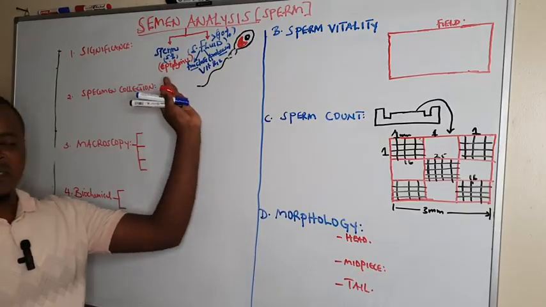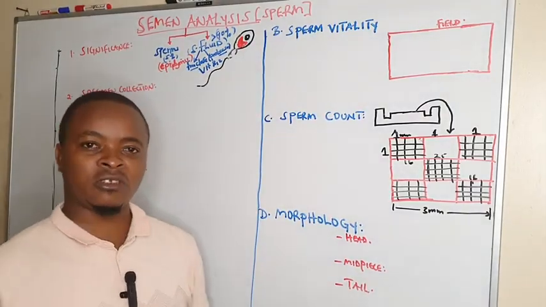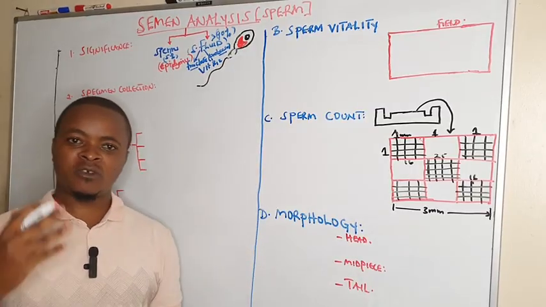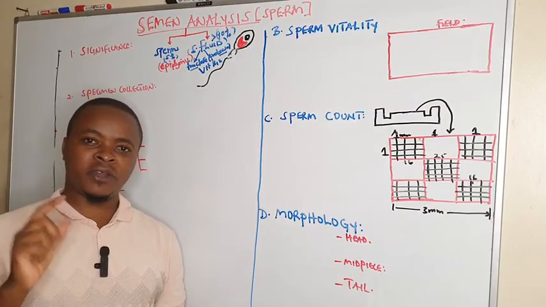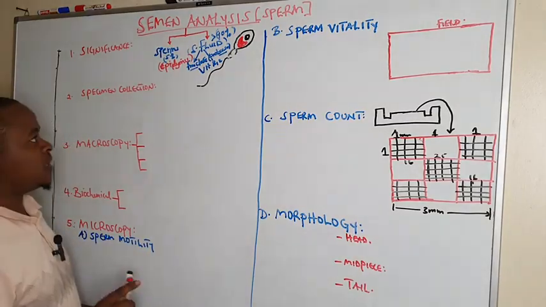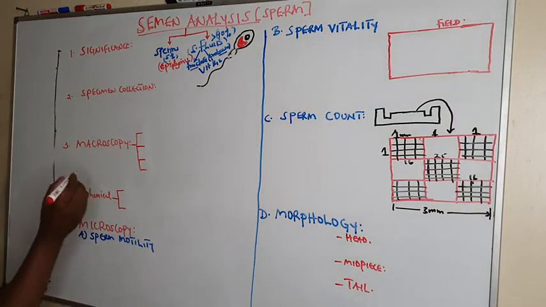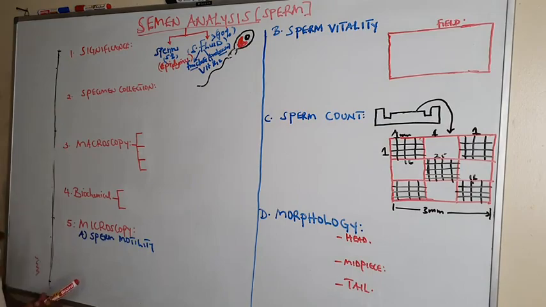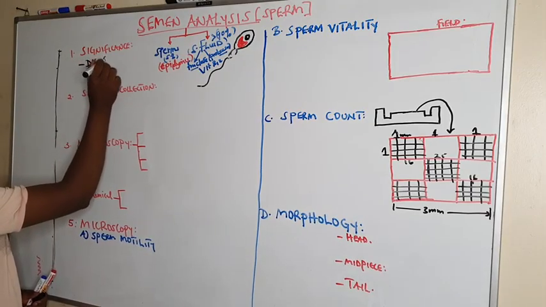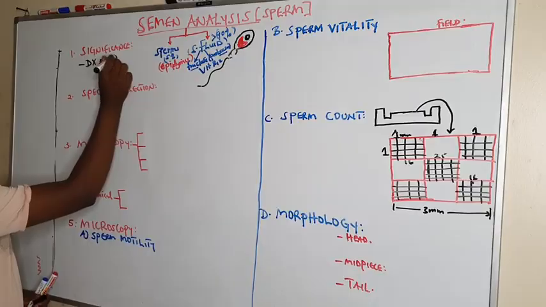So after seeing some of the composition of semen, what could be the significance when the doctor requests semen analysis? One of the purposes is that the doctor can request for the sperm analysis or semen analysis for diagnosis of infertility.